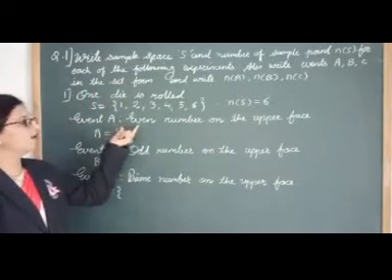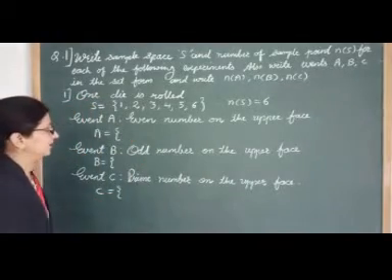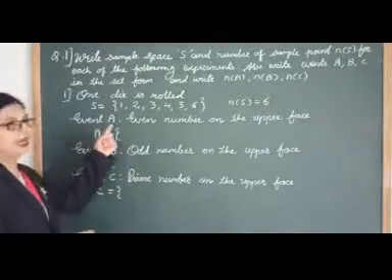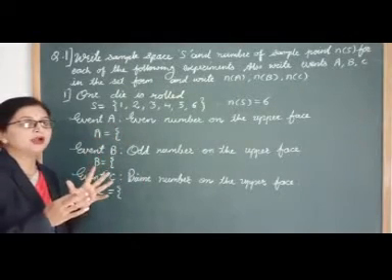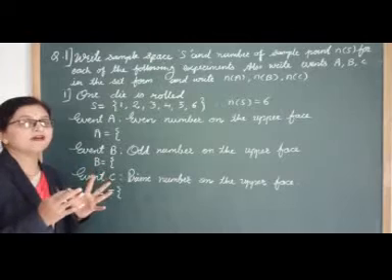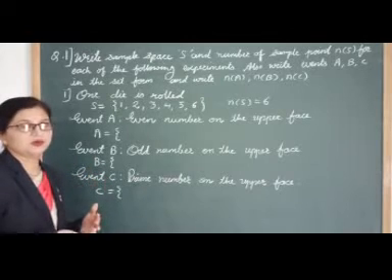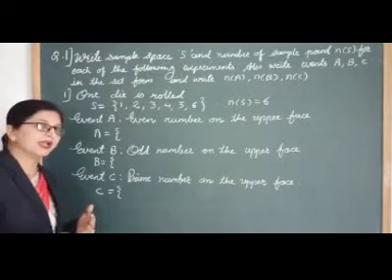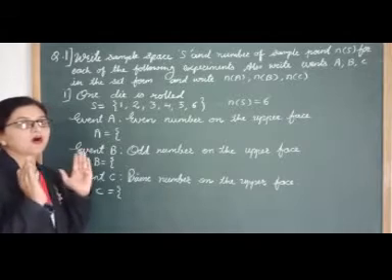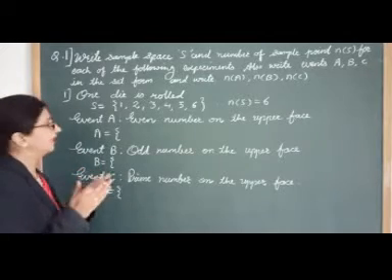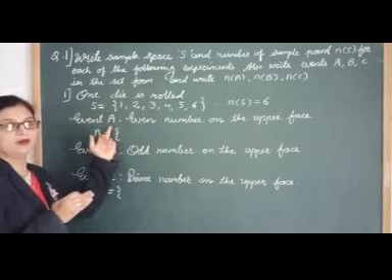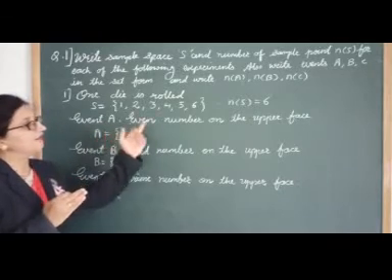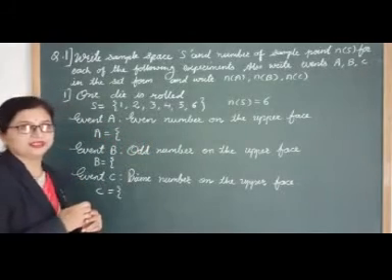Now we have learned what is meant by event. So here event A. An event is a set of favorable outcomes. Which outcomes are we expecting? The set of all those outcomes is called the event. So event A: what do we want? An even number on the upper face.